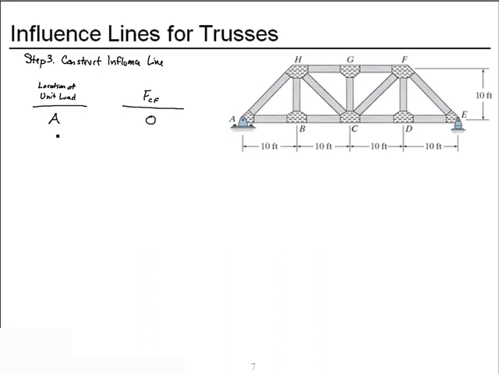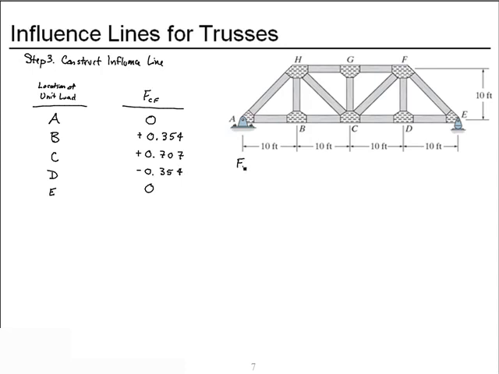So that one's 0. At B, we found a positive 0.354. At point C, a positive 0.707. At D, a negative 0.354, so it goes into compression. And at E, we'll find that we're back to 0.